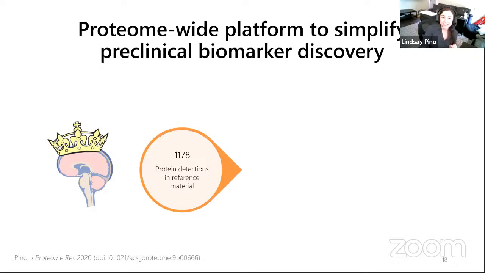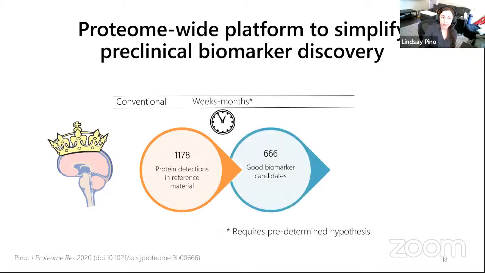So now I've just emphasized multiple times, not everything you can detect is quantitative. When we look at the calibration curves for all of those peptides we detected, we find that there are about 666 good biomarker candidates. So this is things that had any change in signal when we change the quantity using these calibration curves.